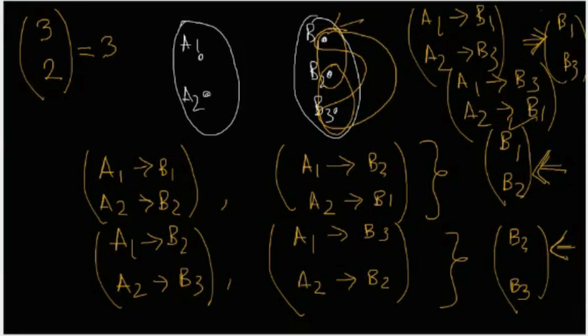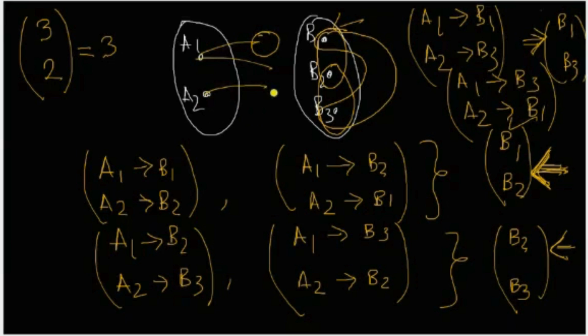Now for each case, you'll have two cases. Why? Because for A1, it will have two choices, and once you map A1 to something, you only have one choice for A2.